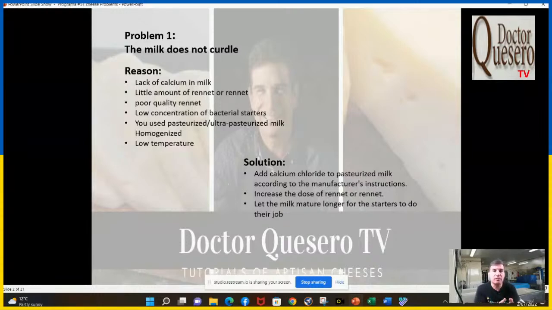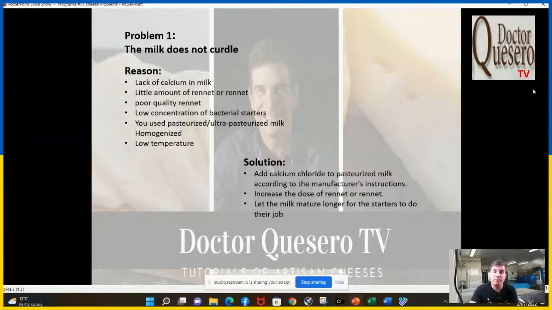So you have to let it set a little bit more, so the chymosin that is in the rennet will carry on breaking down the proteins, and you're going to get a stronger curd. Okay, so let the milk mature for a little while.